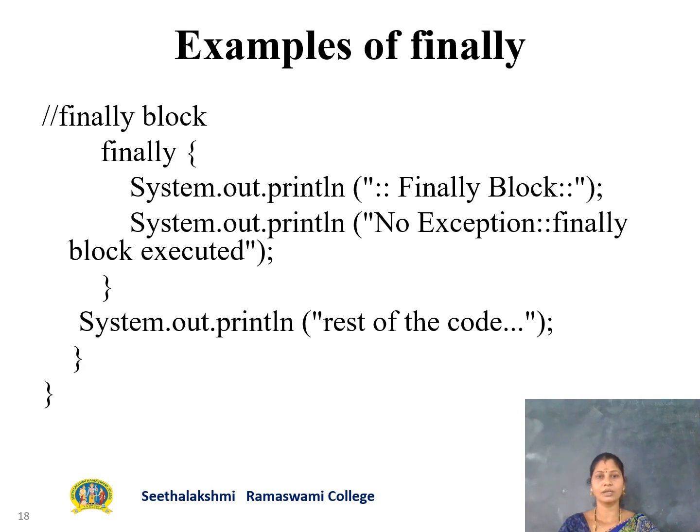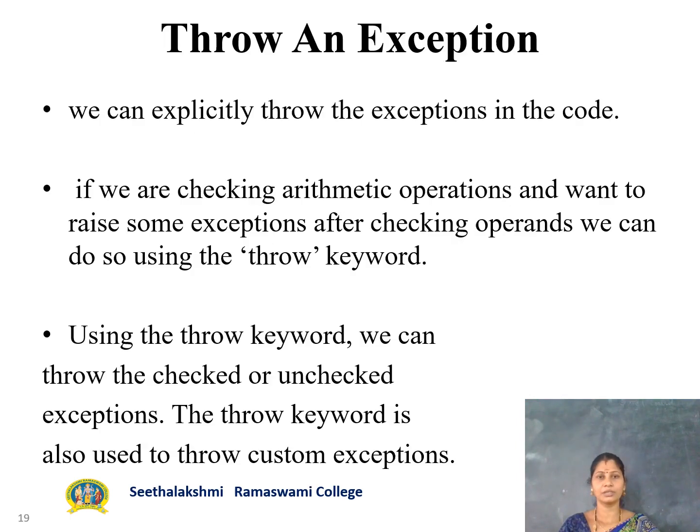Next catch block, catch NullPointerException e, print catch block, and again print your exception name, that is NullPointerException. Examples for finally statement continued: finally block, System.out.println to print the finally block, and next is no exception, finally block executed.